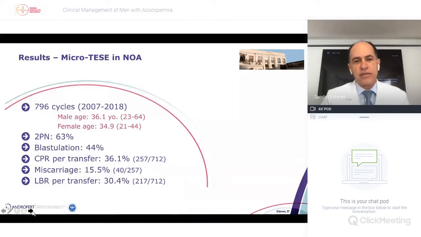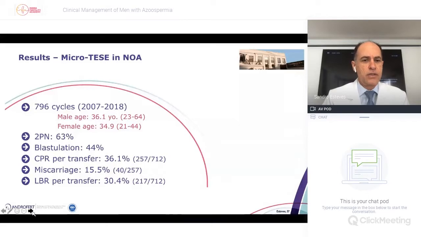So concerning ICSI outcomes, we have done approximately 800 ICSI cycles in which the fertilization rate using testicular sperm taken from men with non-obstructive azoospermia is around 63%. Our program is a blastocyst program in which we most often do day 5, day 6 culture and transfer day 5, day 6.